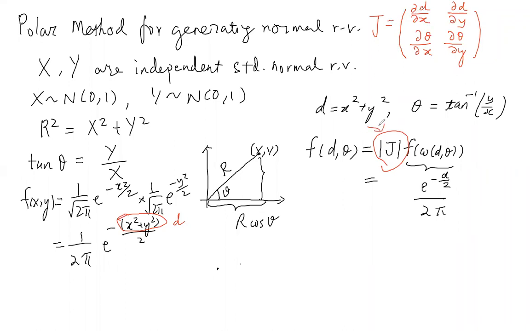So let's work out the Jacobian, right? The first one is 2x. The second one is 2y, right? So then the derivative of theta with respect to x.